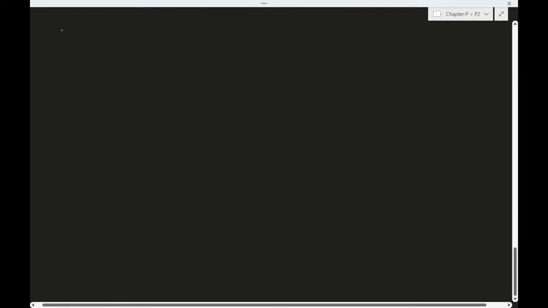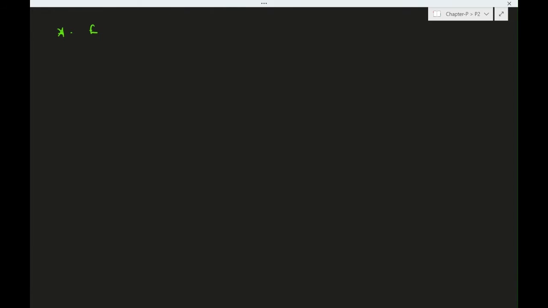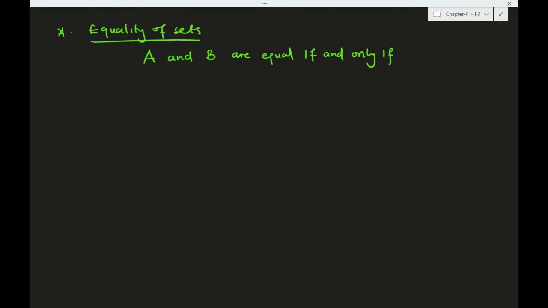But let's go to define some things about sets, which might be of interest. Let's talk about the first one, which is called the equality of sets. If you have two sets, A and B, they are equal if and only if... When do we say two sets are equal?